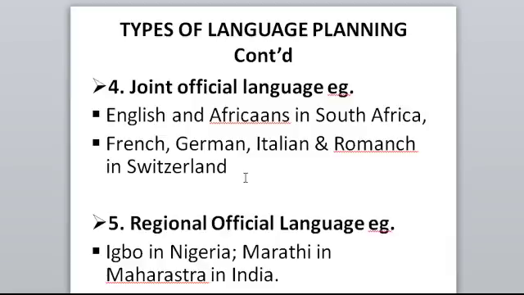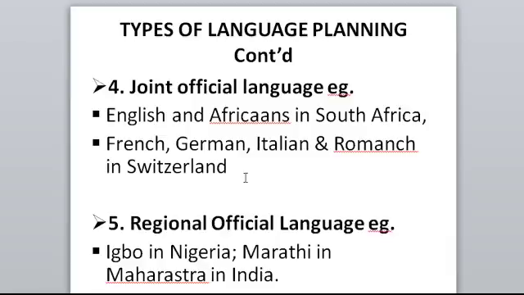Igbo is a language that is authorized to be used in a particular region in Nigeria. And a similar case is true for Marathi in India. Marathi is a language that is officially authenticated for Maharashtra region in India. And so we can talk about many languages that have the regional official status level.